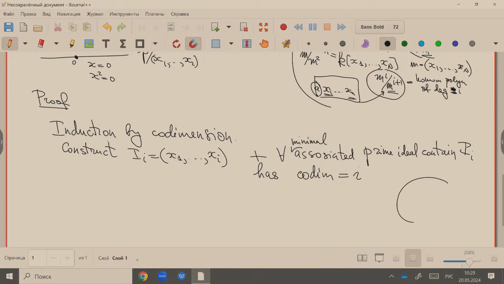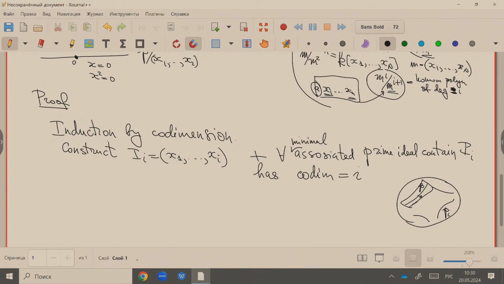The system of parameters that we are constructing has several components, P_i, and it gives you some local information around P, but it can also have several components of the same codimension. We are not proving that this component is unique.